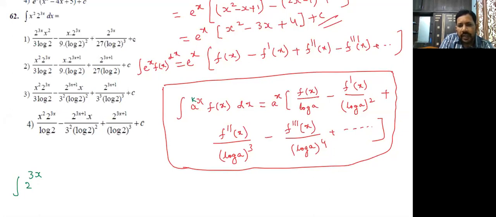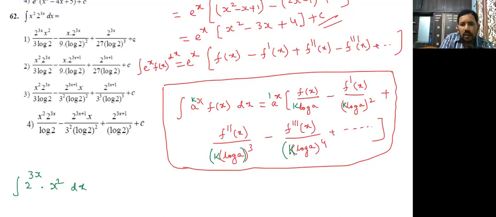So you will get in front log a into k, this is k, and here k log a whole square, here k log a whole cube, k log a whole power 4, like that. Students, are you understood? Into integration 2 power 3x into x square dx.